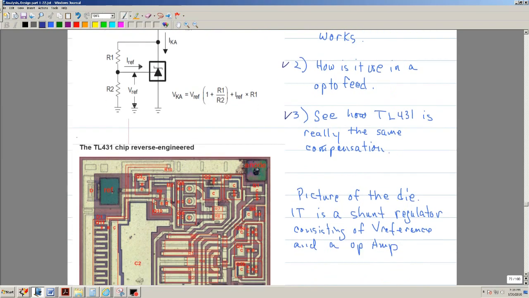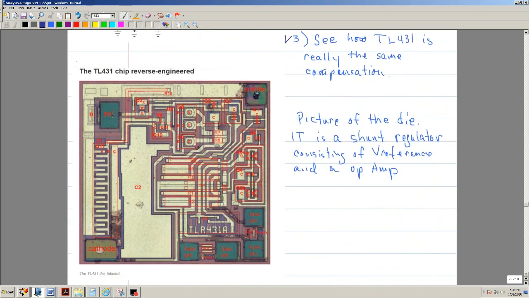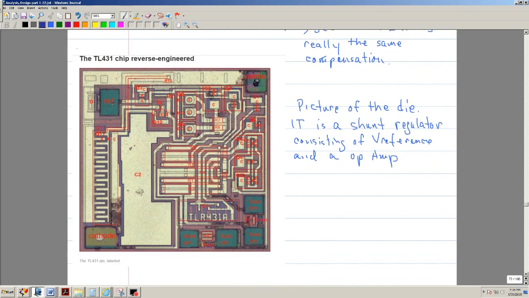Googling and researching a little bit on the TL431, I managed to find a picture of the TL431 die. Someone actually took one apart and debonded it and took a picture of it, and they have some of the components there.